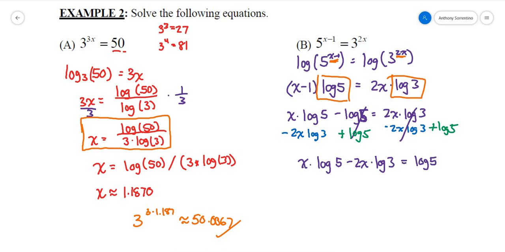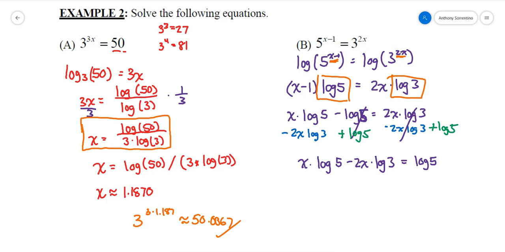Without me figuring out what log 5 is and log 3 is, I kind of lose my ability just to combine some like terms, because if I just had some number times x, and I actually wrote what the number is, and then some number times x times this 2 out here, I'd be able to carry through the subtraction and combine those like terms. Well, I'm doing it this way to keep this being as exact as possible.